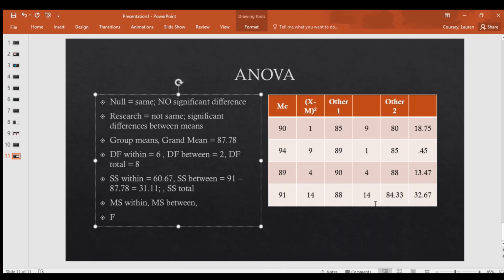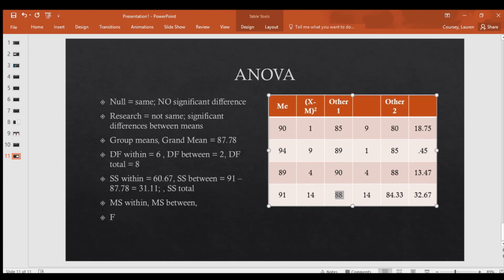And so I do that for each of my groups. So for the next one, we had a group mean of 88. So we would take 88 and subtract 87.78. We'd square that to give us a value of 0.05, but we would first multiply that again by 3 because we had 3 students in this group.